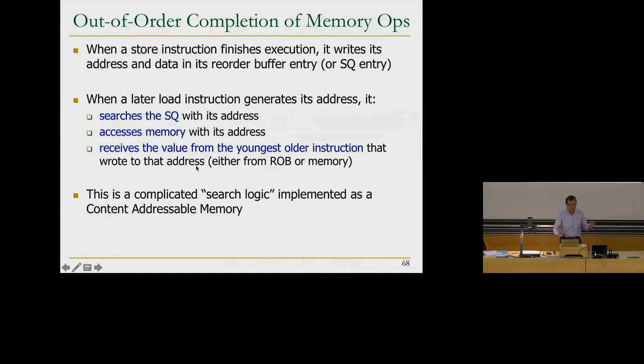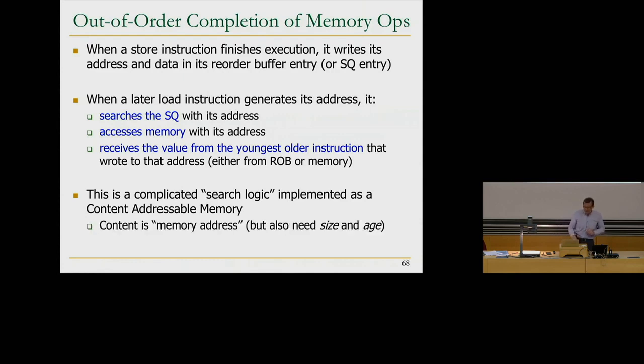To be able to do this, you need a complicated search logic. Remember the content addressable memory that I introduced in the previous lecture? This is the worst content addressable memory that you have to enable out-of-order execution of loads and stores. The content is really the memory address, but you also need other stuff, like the size and the age. So let's take a look at this. This is called the store-to-load forwarding logic.